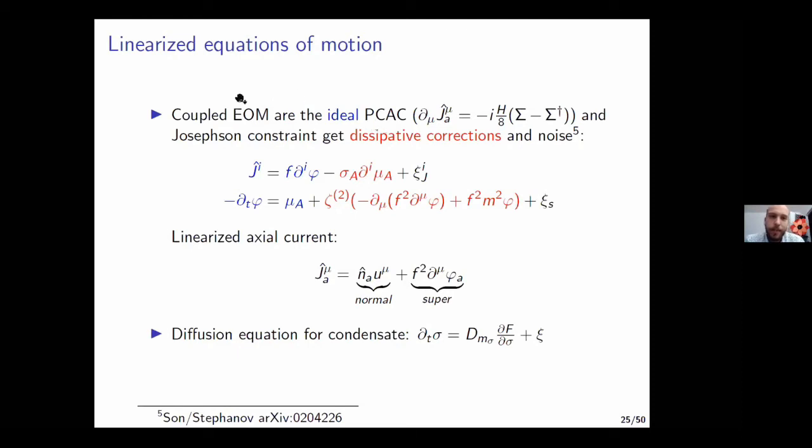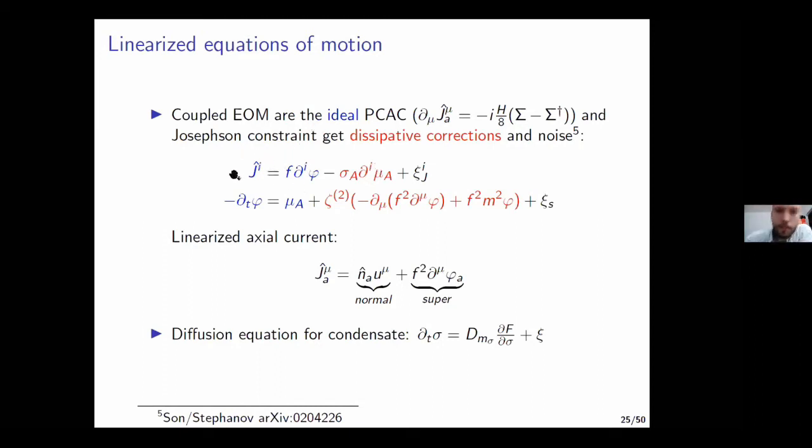So you'll have a set of coupled equations, which are the ideal partial current to axial conservation, which I just gave on the previous slide, and also the Josephson constraint. And what we do is we add dissipation following a careful analysis of the entropy production, which is a snapshot of what Derek was talking about before.